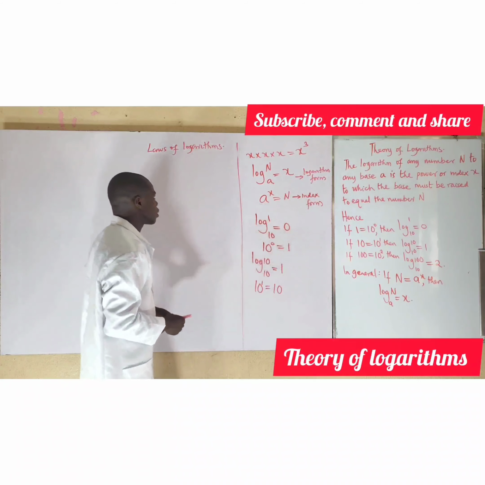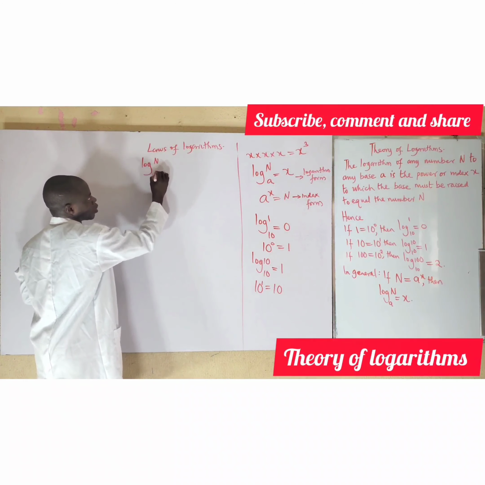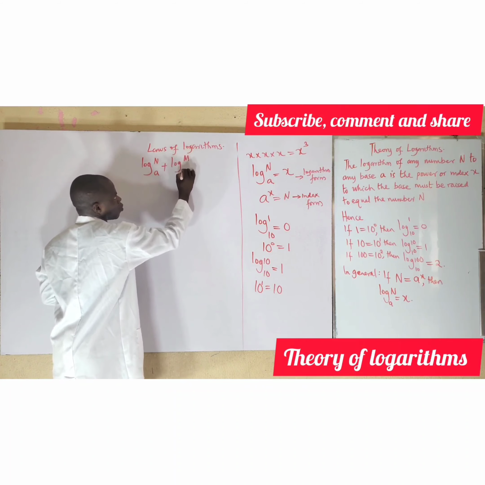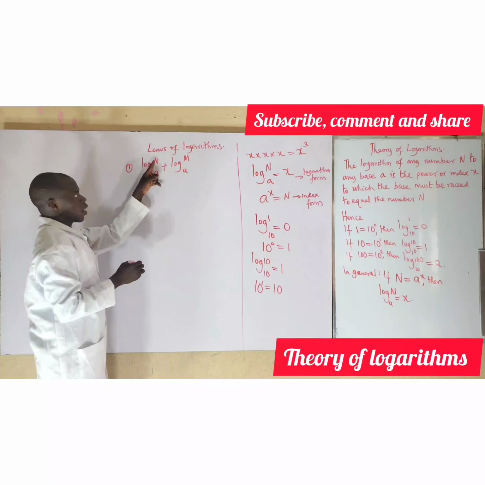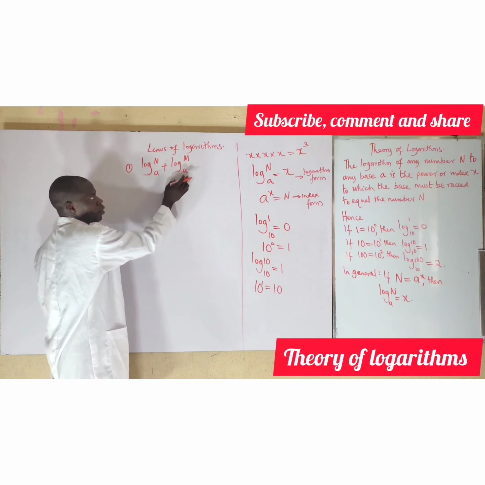If you have log n to base a plus log m to base a, that's the first one. Number one: log n to base a plus log m to base a. Ensure that you have the same base.